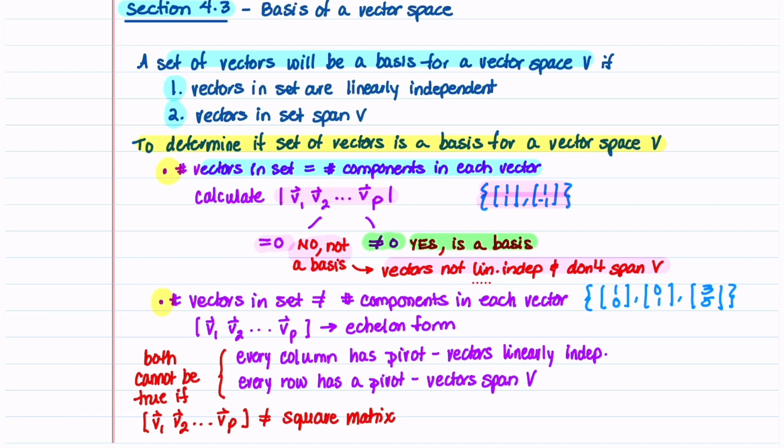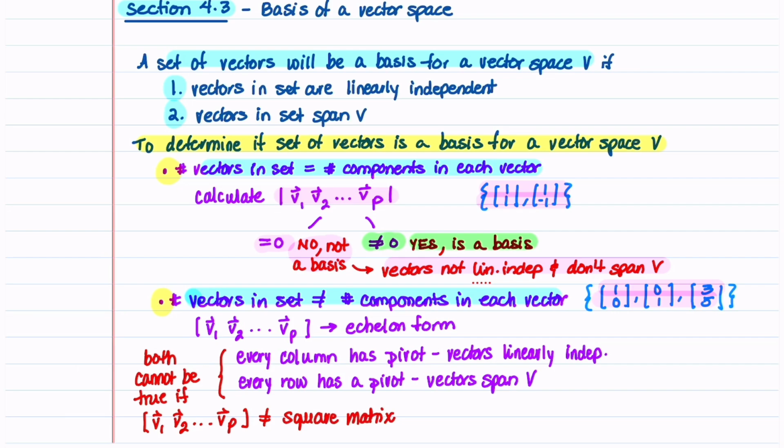Alternatively, if the number of vectors in your set is not equal to the number of components in each vector, for example, over here, we have 3 vectors, but only 2 components in each vector. When we put that into a matrix, that matrix is not going to be square, so we can't use the determinant.